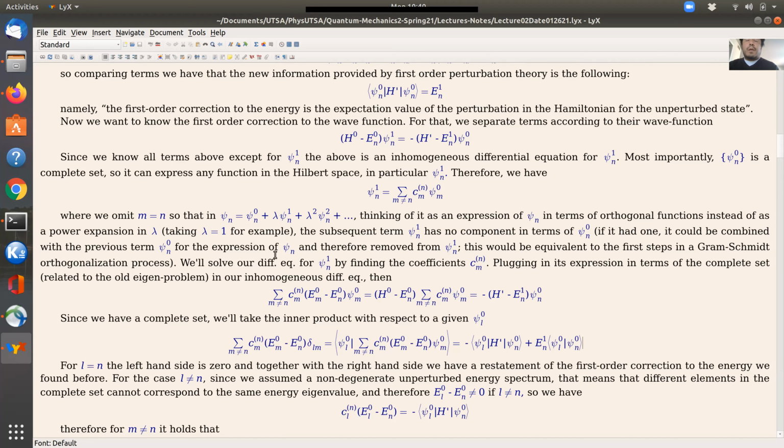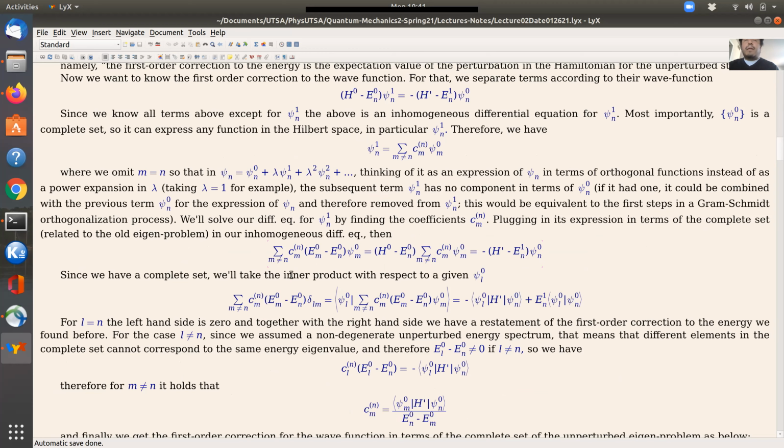So nothing new. It might be worth studying rather the case L not equal to N. That will be convenient also, because at least one term won't vanish here. And again, now why the energy spectrum being non-degenerate is important will show.